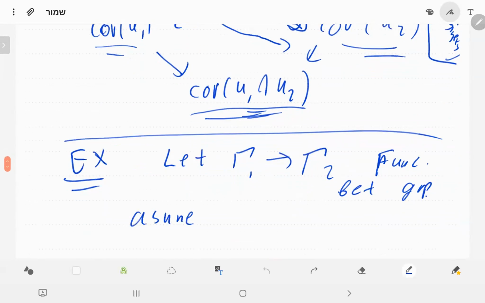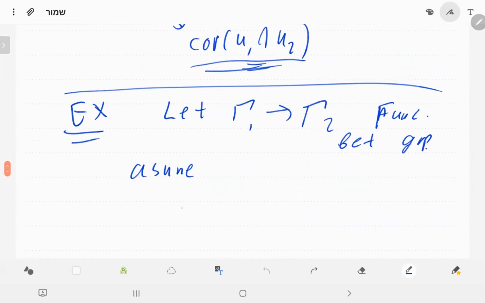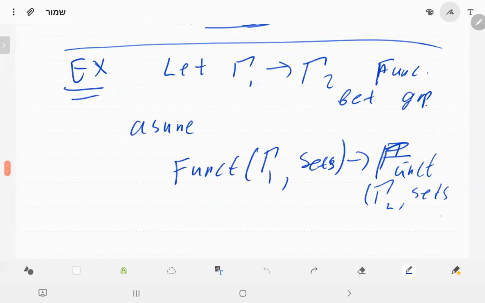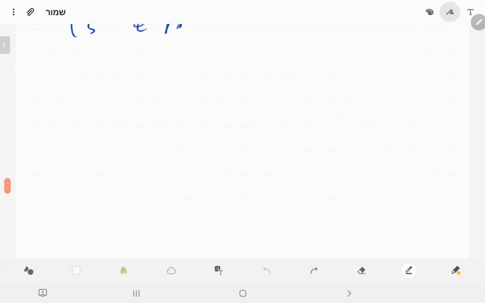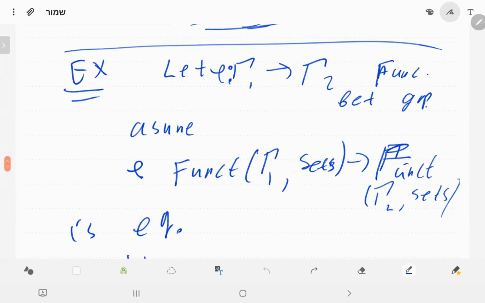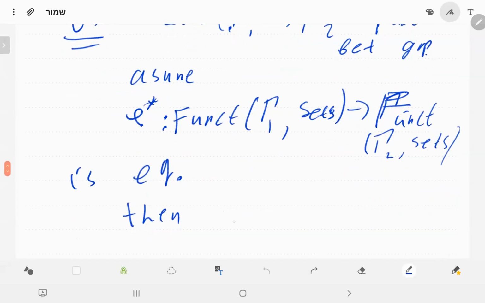Assume that the pullback from functors from gamma 1 to sets to functors from gamma 2 to sets is an equivalence. Then phi is an equivalence.